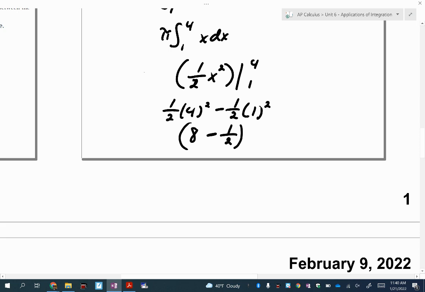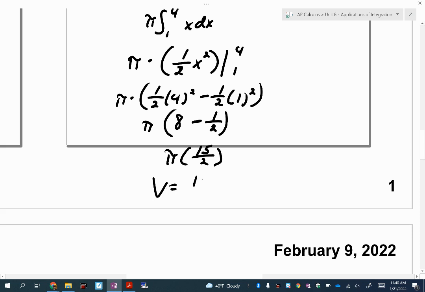Don't forget this is all going to be multiplied by pi at the end here. So I have pi times 15 halves. So my answer for my volume is 15 pi over 2 units cubed, or cubic units, your choice.